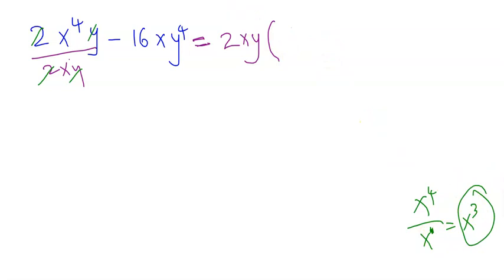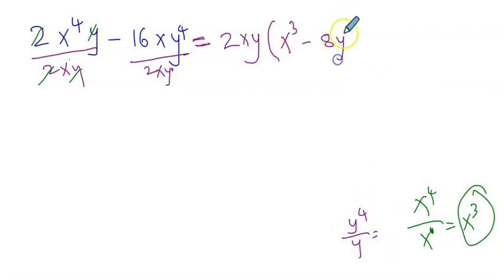That's the point. So this first term is left with only x cube minus the second term, like I have to divide by 2xy. 16 divided by 2 is 8. X and x cancel. Y to the 4 divide y. Y to the 4th power divide y gives you y to the 3rd power, or y cube.